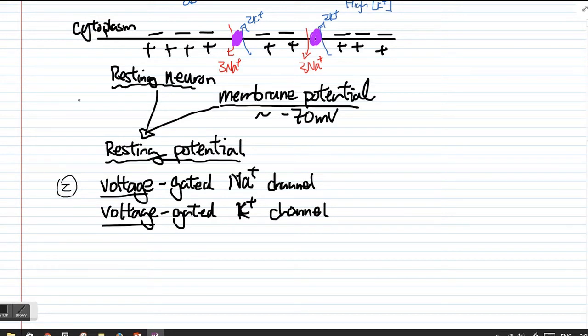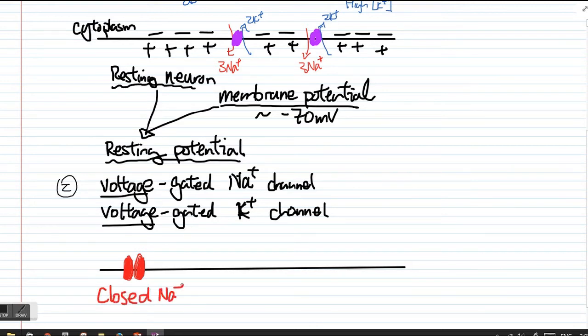So for example, let's just draw what they look like. I can have the membrane here, and we would have a sodium channel here. You can think of them as like doors, and this is one side of the door, and this is the other one. And currently, this is a closed sodium channel.